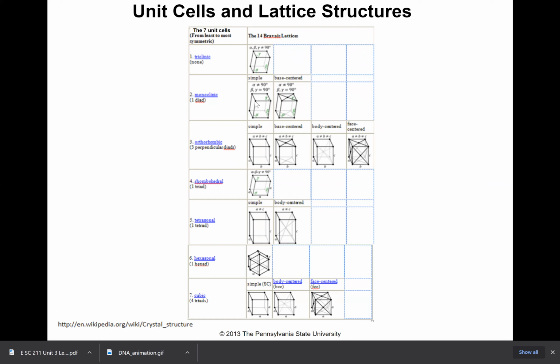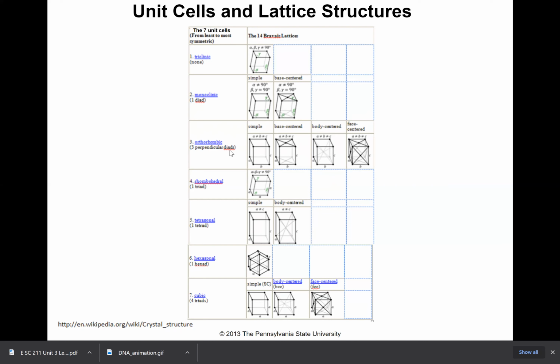One lattice structure is like this, where it has atoms located at the corners of this kind of rectangular prism. The other structure has atoms at the corners of the rectangular prism, but also in the center of the top and the bottom of this structure, right?